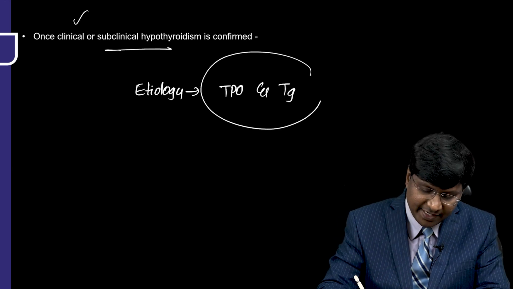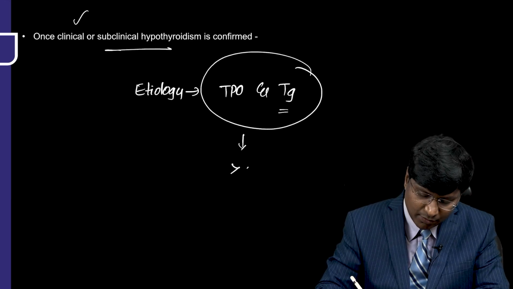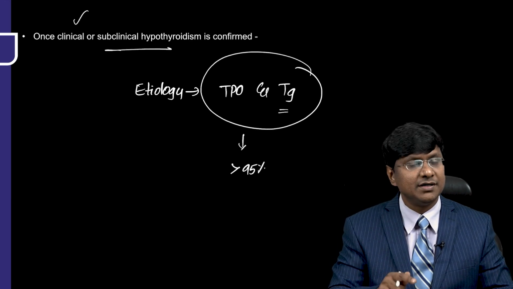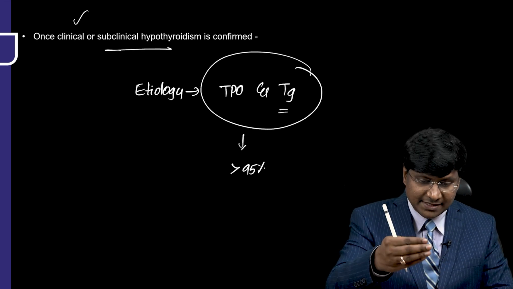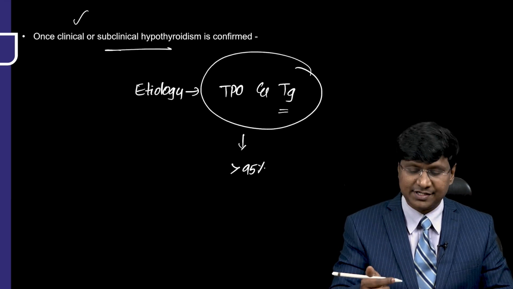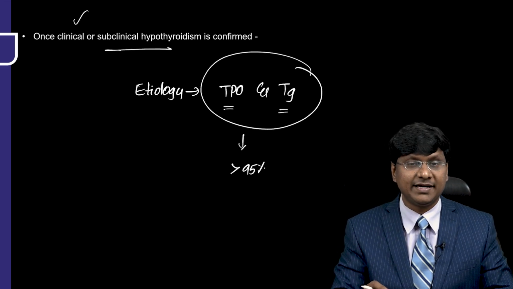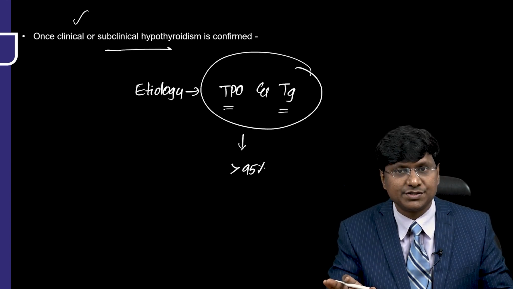The TPO antibodies and thyroglobulin antibodies are present in more than 95% of patients with Hashimoto's thyroiditis. So once you make out hypothyroidism, the next thing is you should be able to assess the cause of that hypothyroidism. You will be able to make that out by assessing the antibodies, that is TPO and thyroglobulin antibodies, which are present in more than 95% of patients.